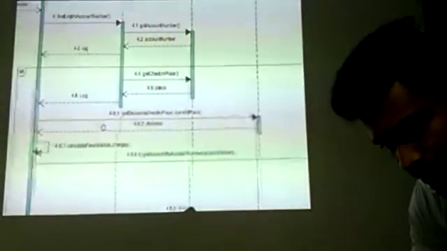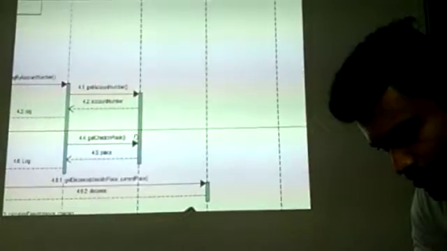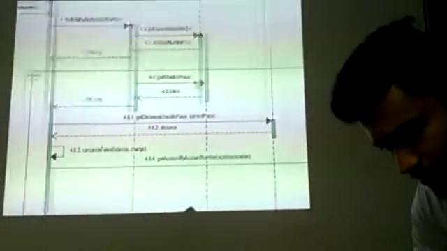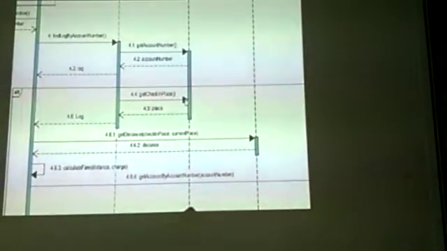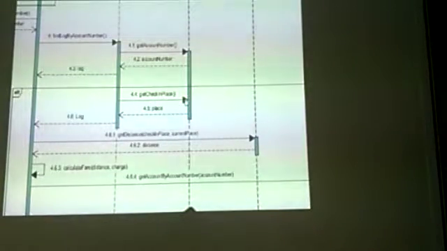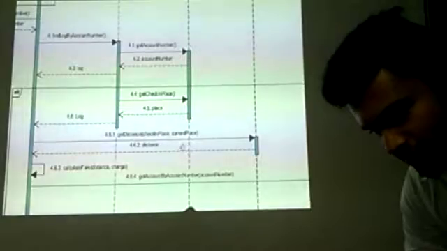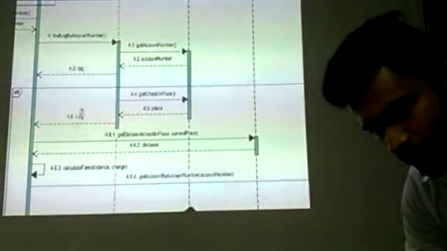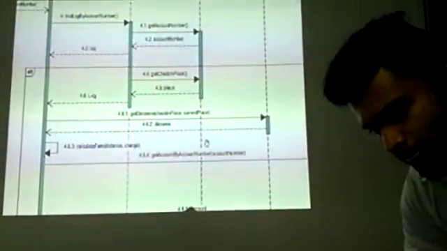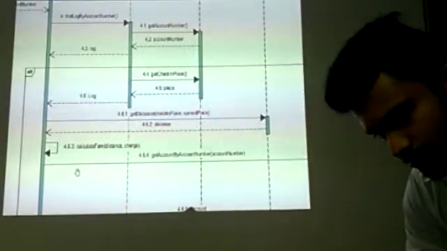After we return the log, there's a control class called distance chart. It has a two-dimensional array in order to get the distance from source to destination. So the get distance method will be invoked from the boundary class, and it will return the distance.